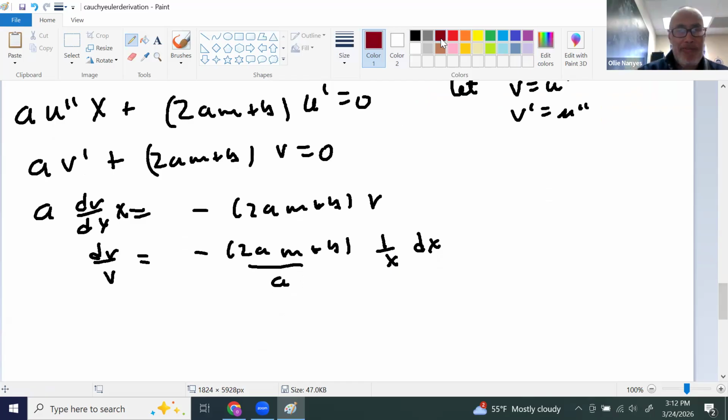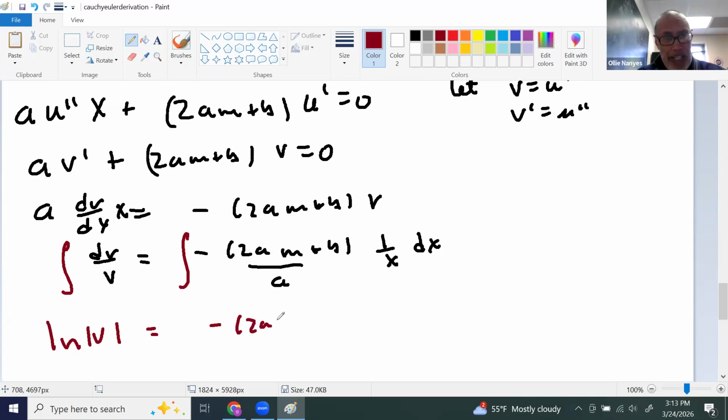Now we have that. We can now do the old integral. Integrate both sides with respect to x. Left-hand side, natural log of v. This side right here, well, we get minus 2am plus b over a, natural log of x. And we don't really need the absolute values, but I'm going to call this k.